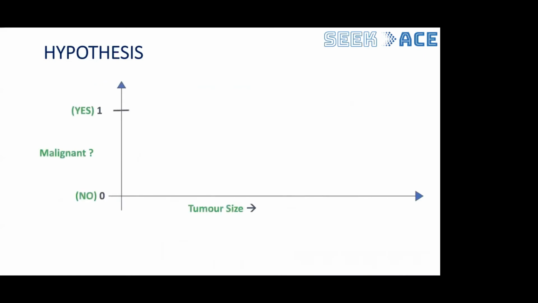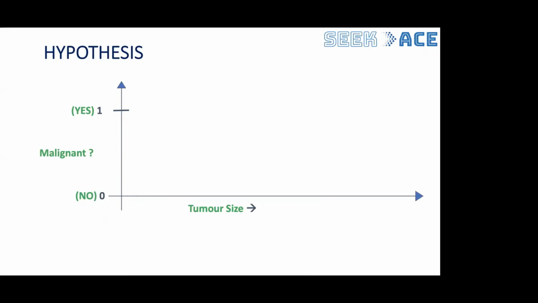So let's say you have tumor size data, and you want to predict whether a tumor is malignant or not. On the basis of size, if the tumor size is bigger than a certain size, the tumor may be malignant.